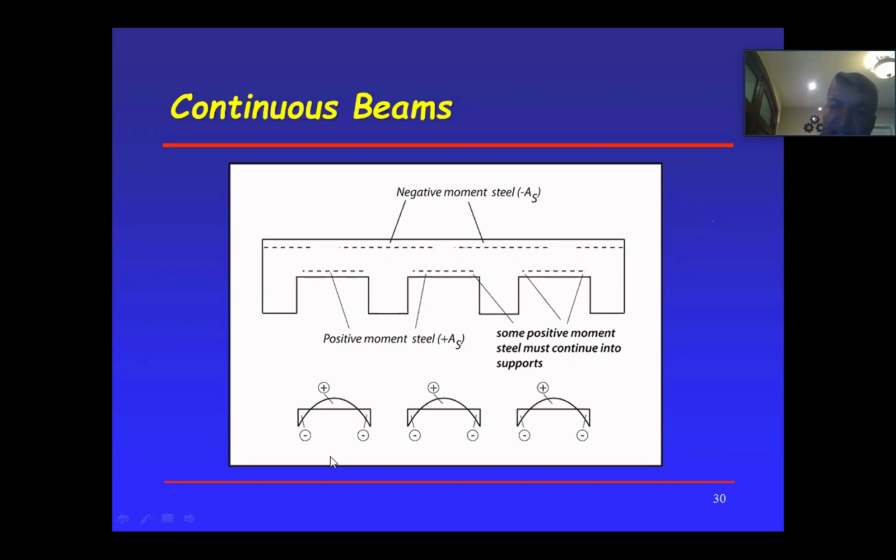But this illustrates that if you take this span, there's a negative moment here and a negative moment there. And guess what? This moment is equal to that. He's just trying to show you the negative and the positive. Oh, okay. But in real life, we do not design every span separately. No, we design it as continuous. And we will do that in the lab, in the project. Any other questions?